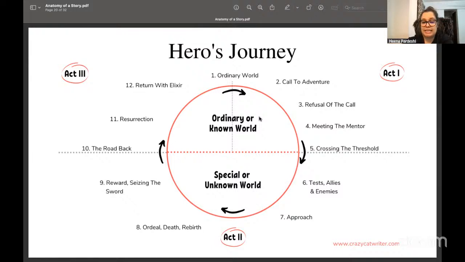For example, any science fiction novel, Dune, and every other novel in the fantasy genre, the science fiction genre, or the mythological fiction genre is based on hero's journey.